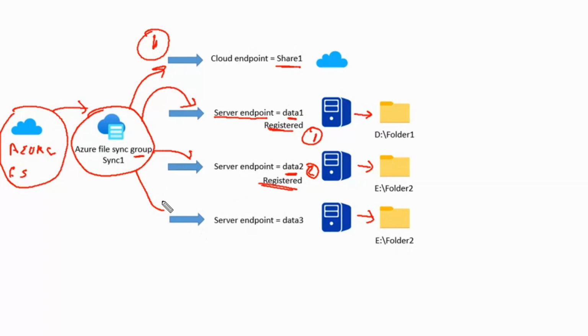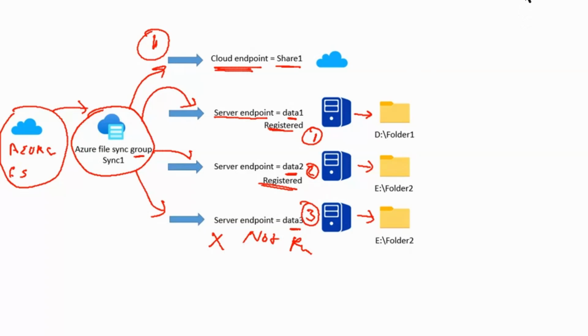And server3, which is not registered on sync1, cannot have server endpoint data3. I hope it is clear, and this diagram proves that an Azure File Sync group can have multiple server endpoints, and it can have only one cloud endpoint.